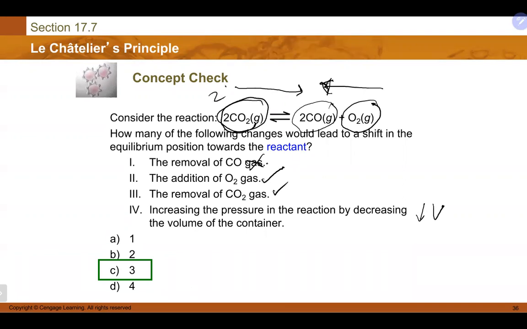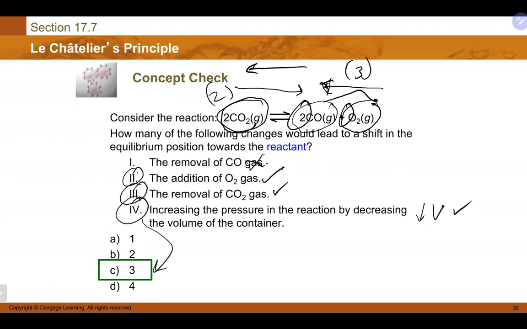Here we have 2 on the left-hand side, and taking both of these together, which are gases, a 2 and a 1 for the coefficients is 3. So that would shift it to the left-hand side, and that one would do it. So it is those 3 there that would cause everything to shift to the reactant side. Any questions on that? All right.